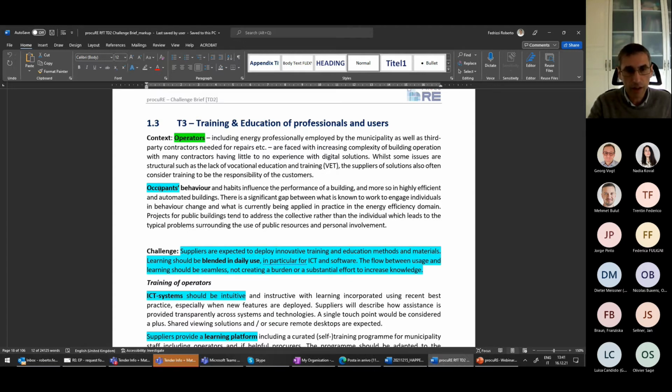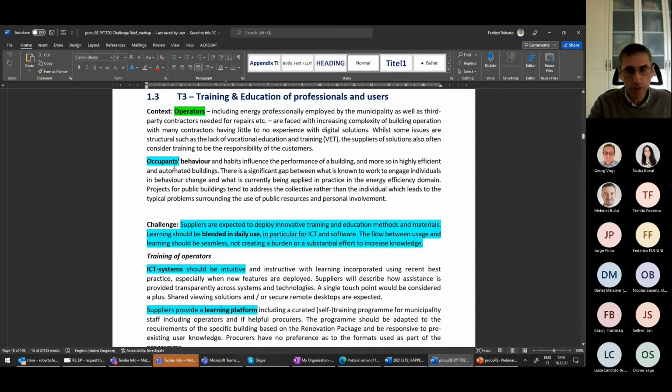On the other hand, as I said already, we want occupants to be aware of the buildings they live in, and therefore how they need to behave in order to maximize the effectiveness, the efficiency of the systems that have been installed.